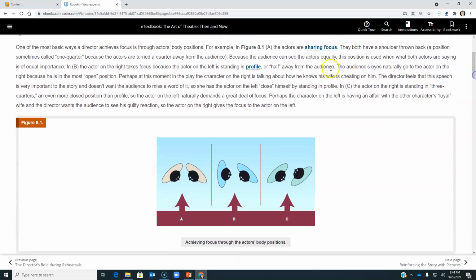They have these different ones about sharing the focus, so it's a quarter turn, so that we can see both of their faces. Sometimes we want to give attention or emphasis or focus to one, and so that's what B is.